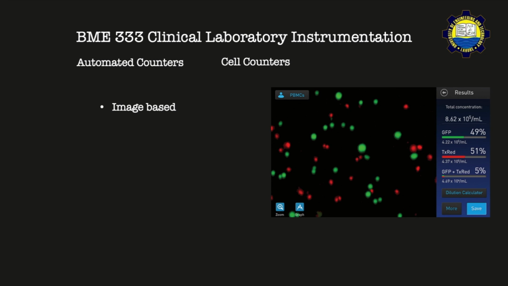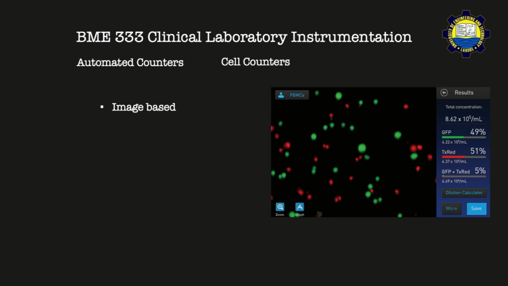And the idea is to take images of those slides that you see under the microscope. And then those images could be fed to an image analysis software, and that software would then be counting those cells for us.